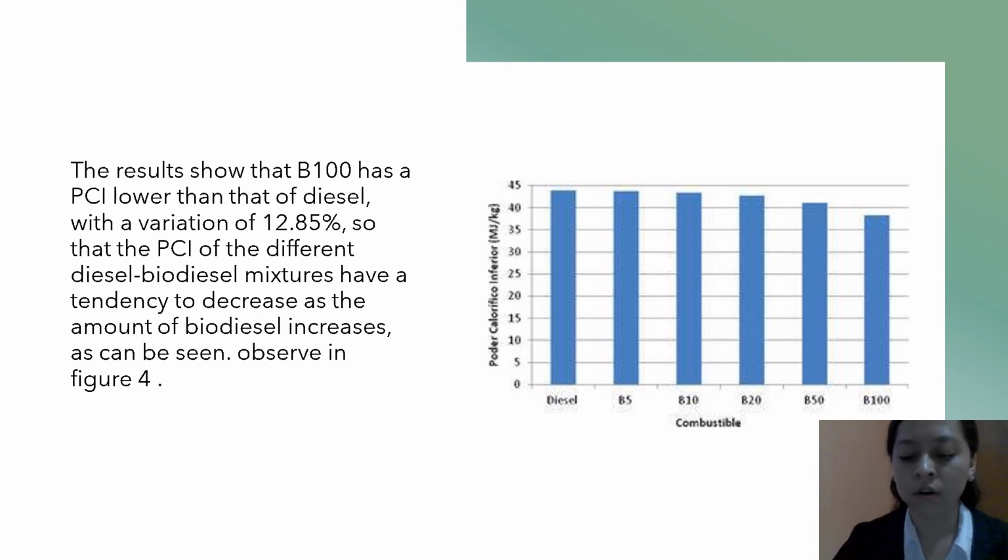The percent variation of the calorific power for the mixtures with respect to diesel for B5, B10, B20 and B100 ranges from 0.7% to 15.4%.